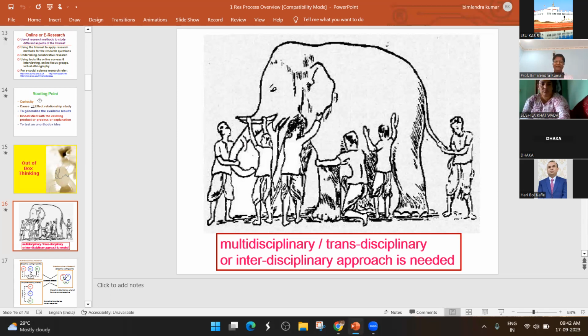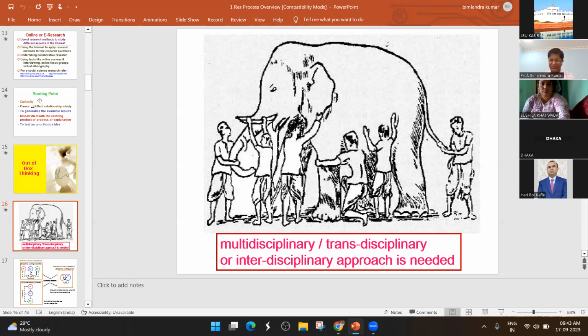So now there is a need for interdisciplinary or transdisciplinary research to be undertaken by institutions and by research scholars also. Here you can analyze how a person touching the tail of the elephant speaks in a different manner.